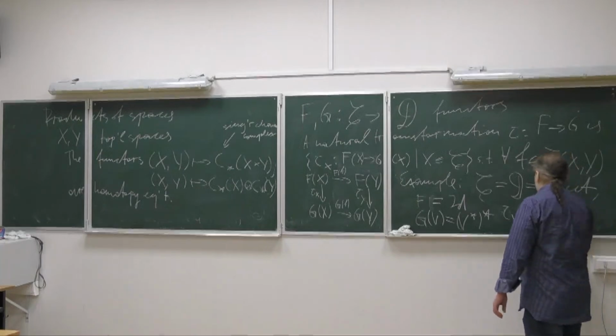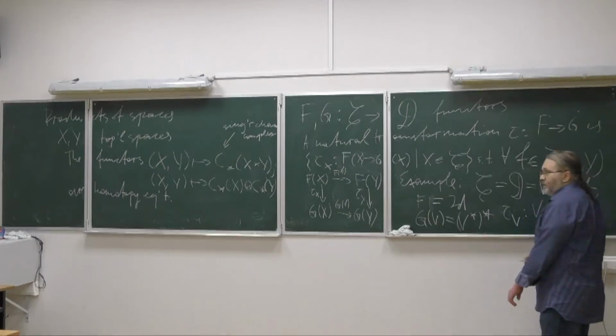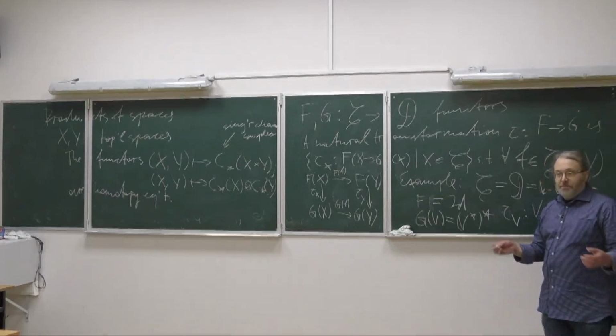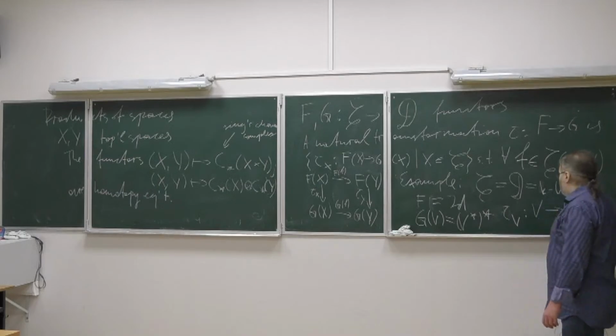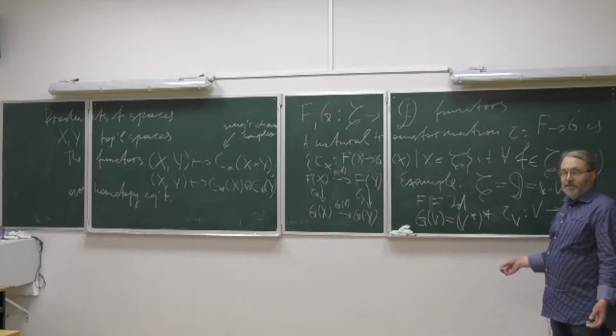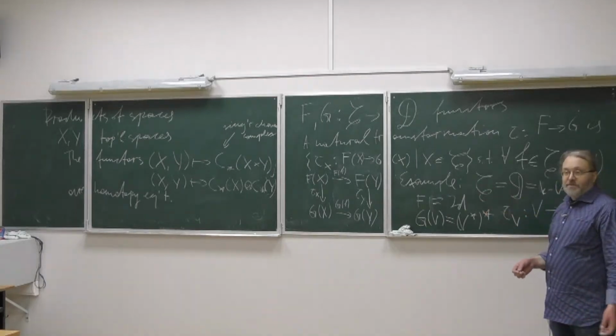But still we have a natural map from the space to the double dual. And as you can check, this map is a natural transformation.